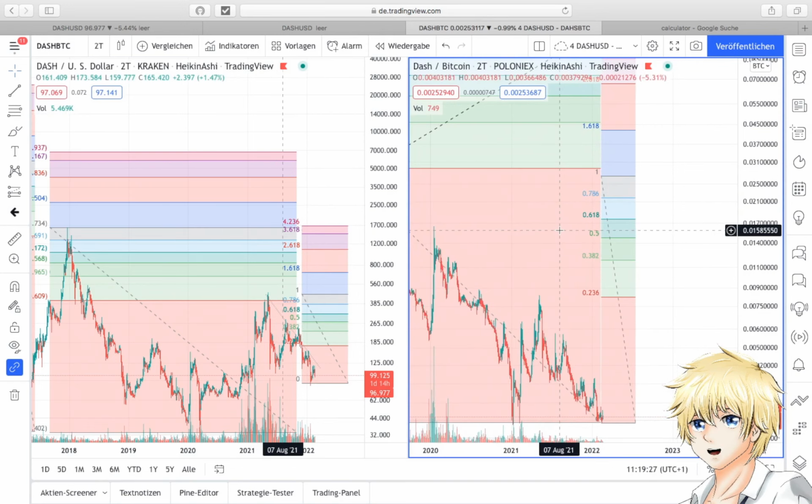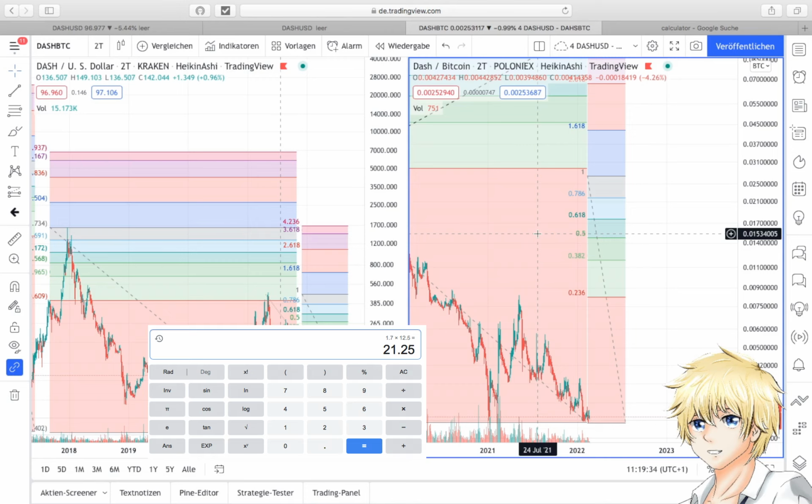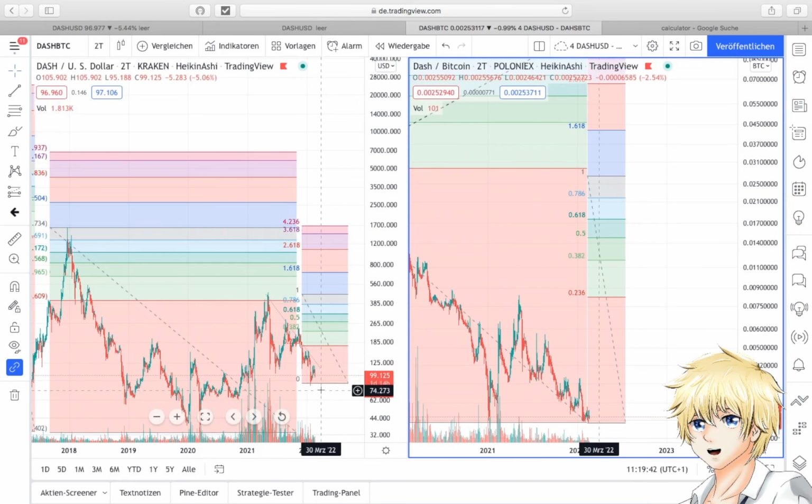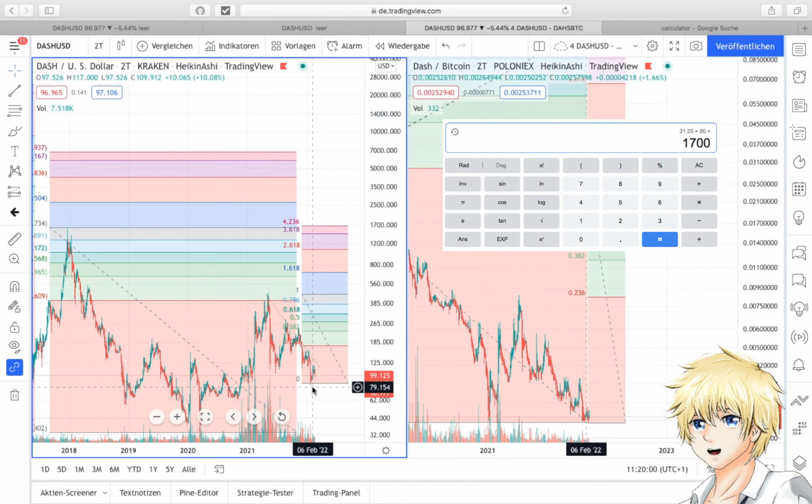Bitcoin will rise 1.7x, so we take 1.7x times 12.5x, and we get a realistic 21x for Dash dollar, and this will put us right here at our target of $1,700 if we multiply this by the value of $80 that it had at the low. $80 because it's the same point in time as the lows of Dash BTC and the low at the BTC USD chart of 33,000.